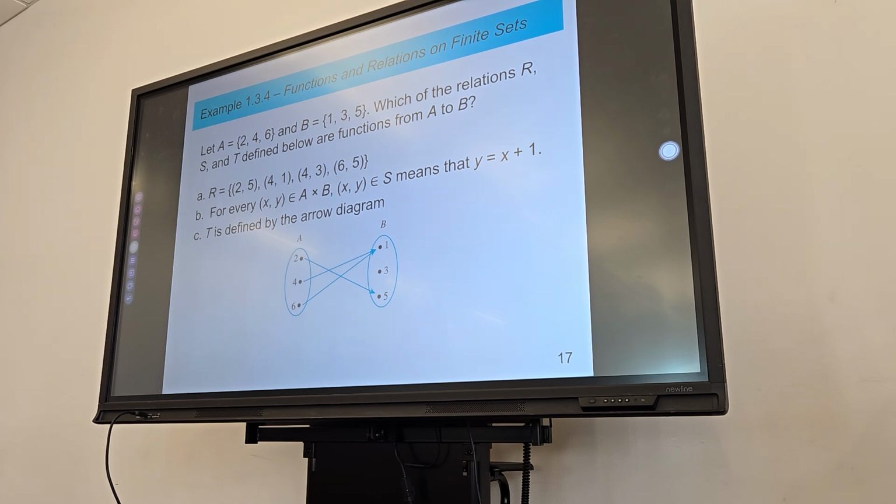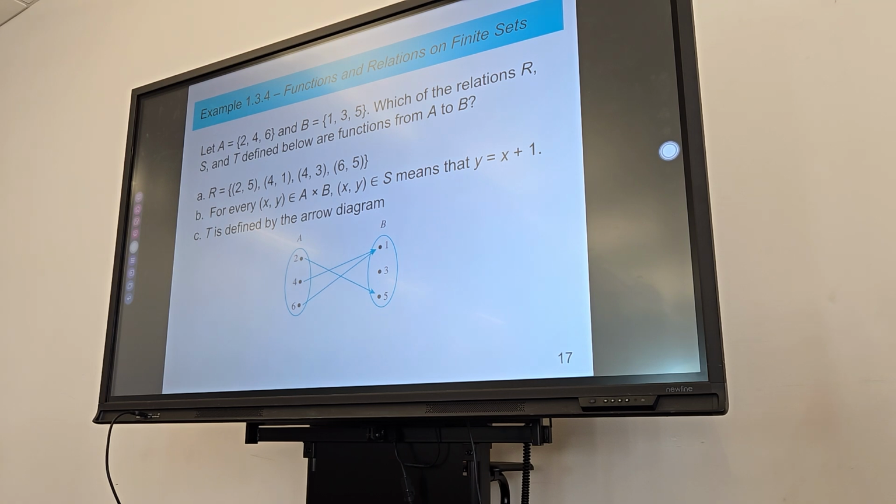Which of the relations R, S, and T defined below are functions from A to B? R is denoted with a set of ordered pairs, S is denoted with an equation, and T is denoted with an arrow diagram.